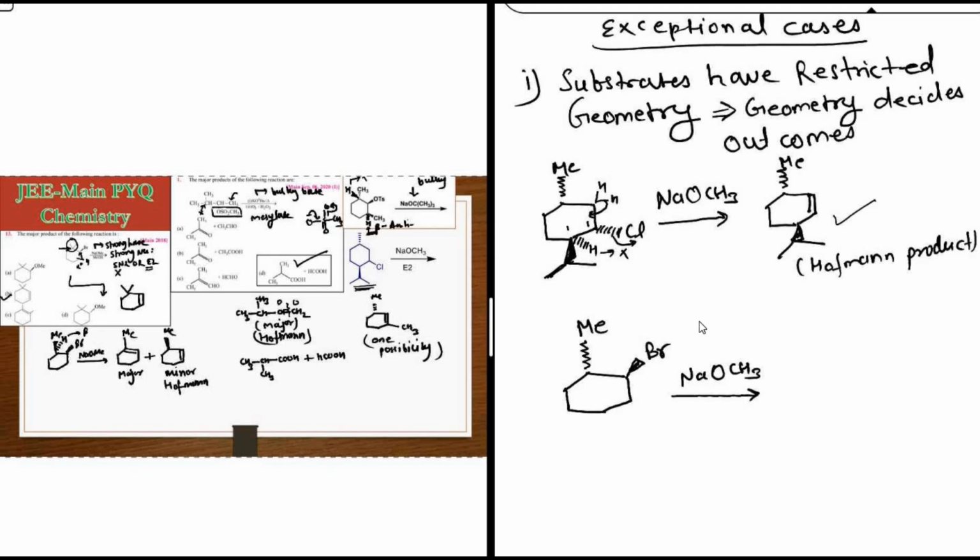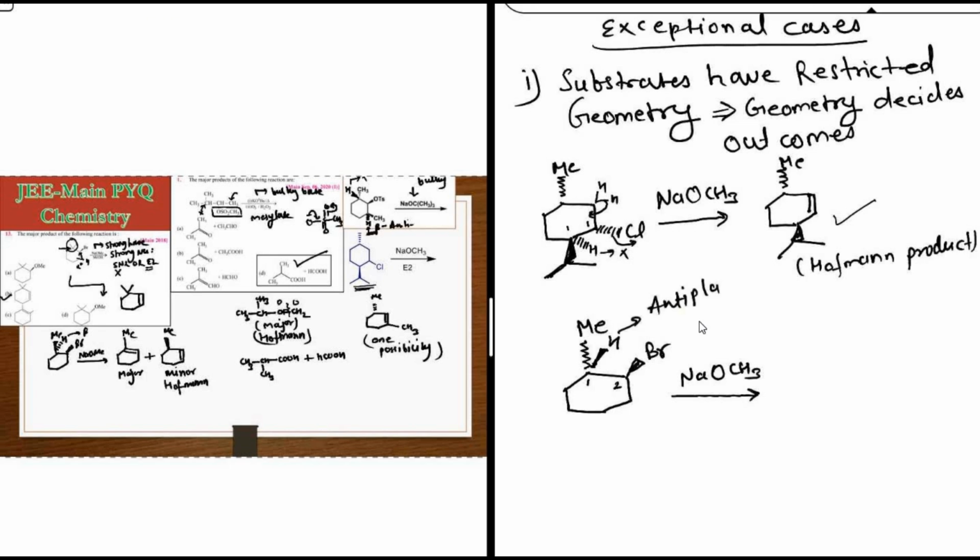Now look at this option. Here the situation is the same. This sodium methoxide can abstract the proton from this carbon, but the problem is that we can't give the rotation around this C1, and let's say this is the C2 carbon. So this compound has restricted geometry, therefore this hydrogen is not anti-periplanar.